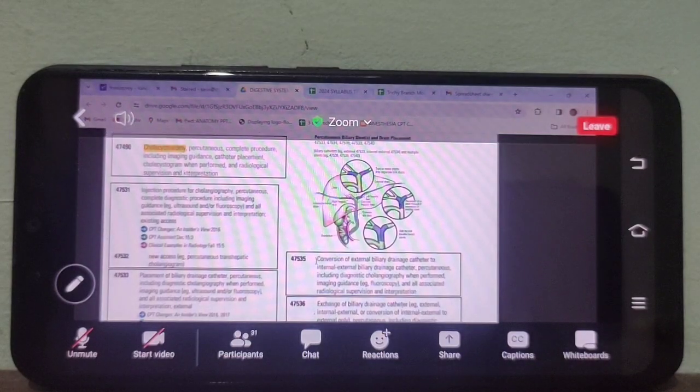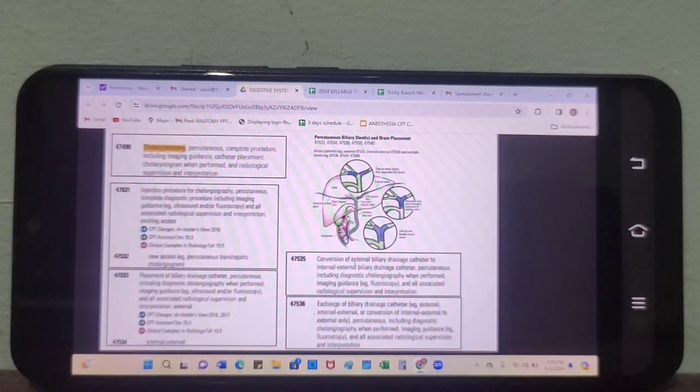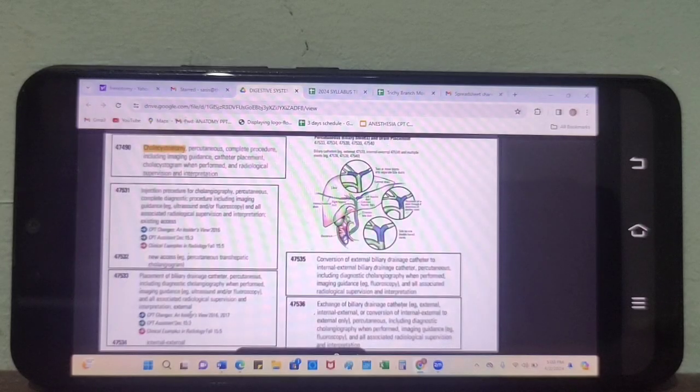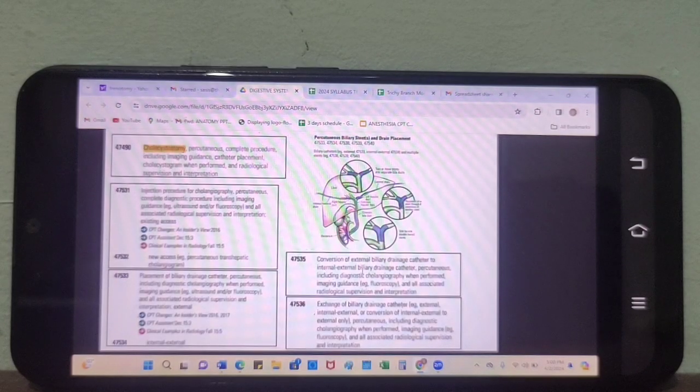Then 47535, conversion of external biliary drainage catheter. That means the doctor removes the external catheter and inserts the internal to external catheter. Conversion means removing one type of device and inserting another type of device. Here the doctor removes the external drainage catheter and inserts the internal to external, so go for 35. Then 36, exchange: removing the old device and inserting the same type of device.